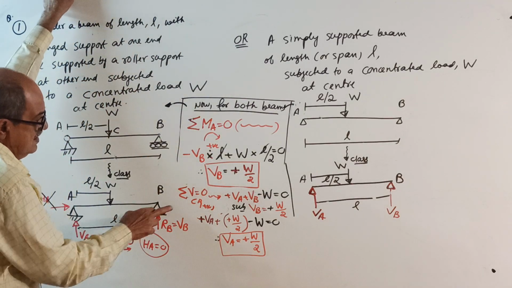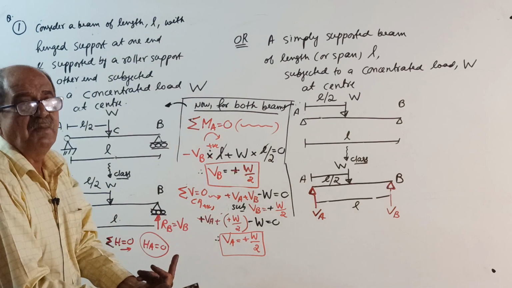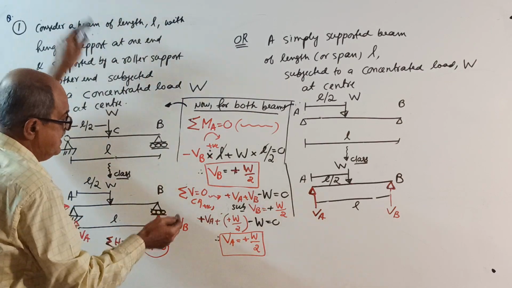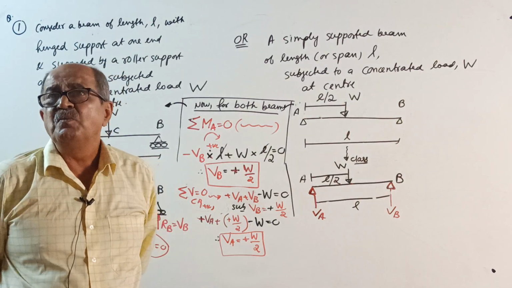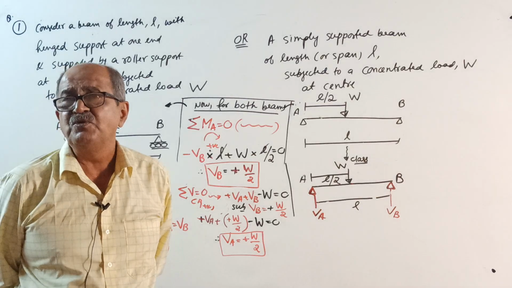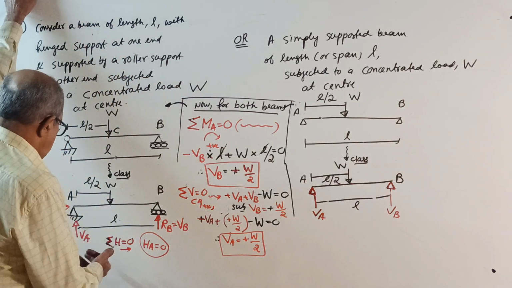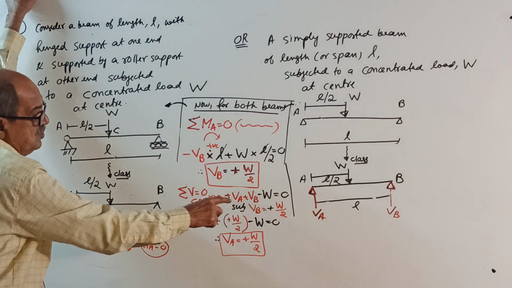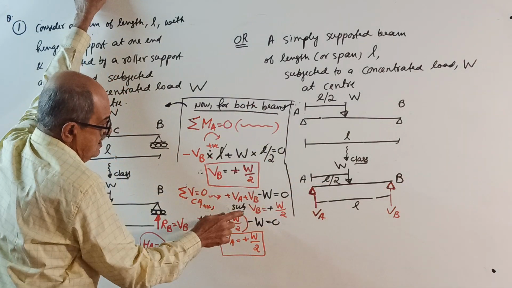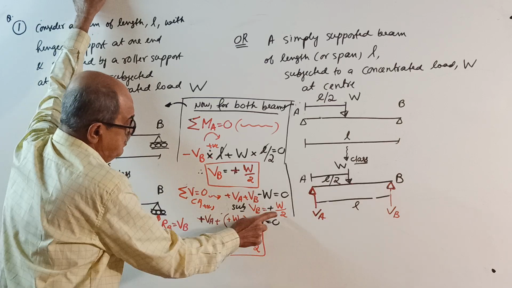Now sigma V equal to 0, taking upward positive. The algebraic sum of vertical components of all the forces in the entire force system equals 0: plus VA plus VB minus W equals 0. Same thing there also. Substitute VB equal to W by 2.